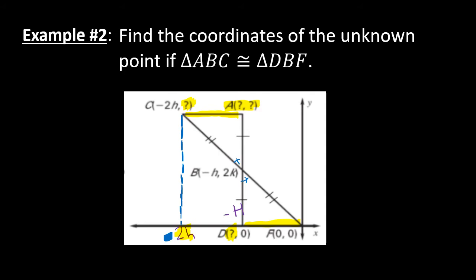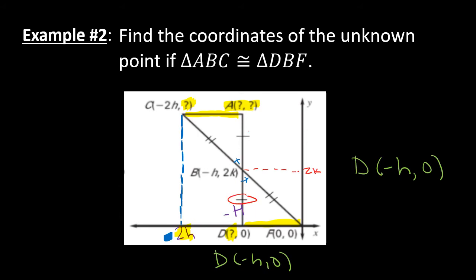So if I want to think about point D, I went to the left h, and because it's on the x-axis, I went up 0. Or I could put that down here. Left h, up 0. So now to get to point A, I've got to think about some other things. If I look right here, I went 2k to go up here.